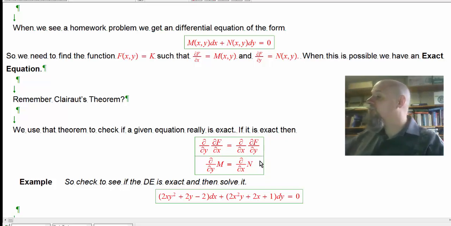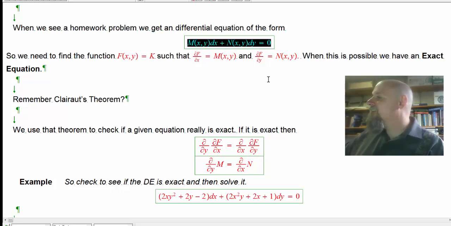So that's your first thing: you check to see if an equation in this form is exact. The M has already been differentiated with respect to x. I know that because there's a dx there, and I differentiate it with respect to y. The N has already been differentiated with respect to y, and I differentiate it with respect to x.